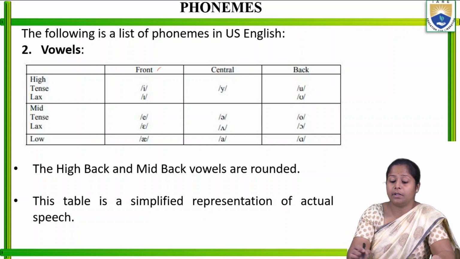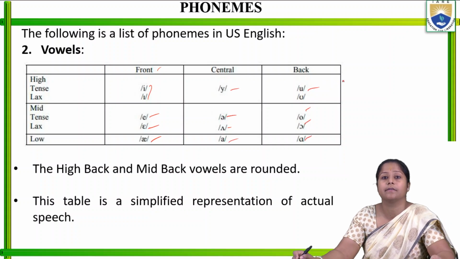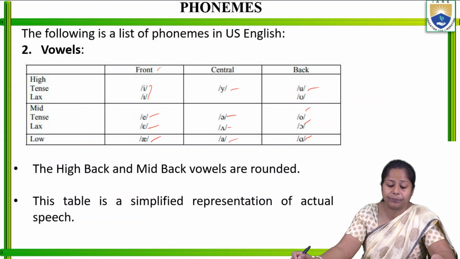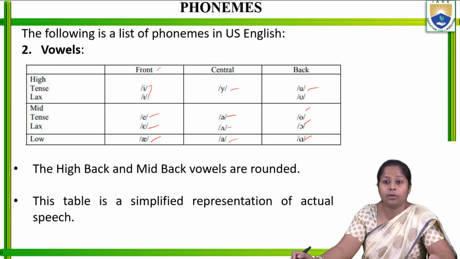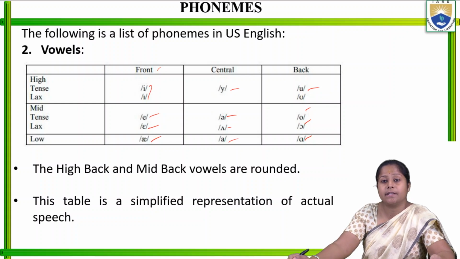Now these are the words that are going to make a transcript with the help of these different alphabets. So that is the way vowels will be used with respect to this high, mid and low. The high back and mid back vowels are rounded. And this table is a simplified representation of the actual speech.